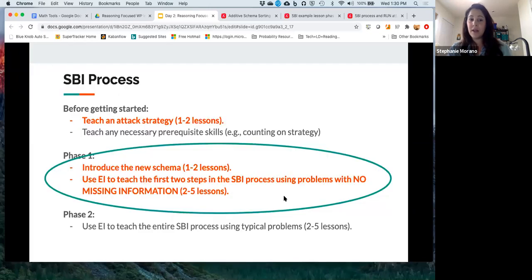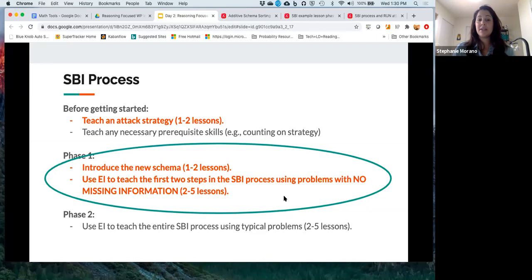All right, phase 1 of the SBI process. So once students know the attack strategy and they have some of those pre-skills they need to solve, like just basic computation skills, we're ready to start phase 1 instruction. So we're going to introduce the new schema.